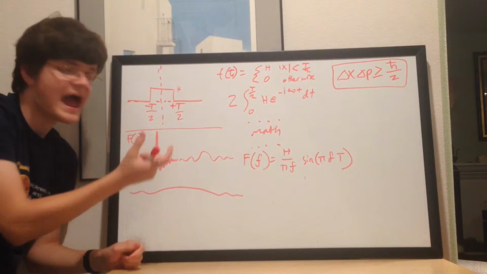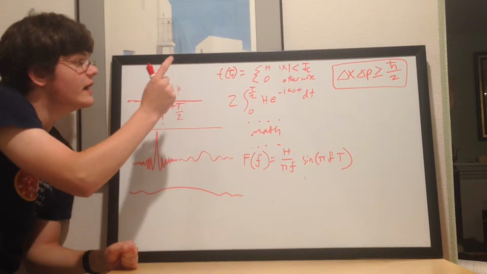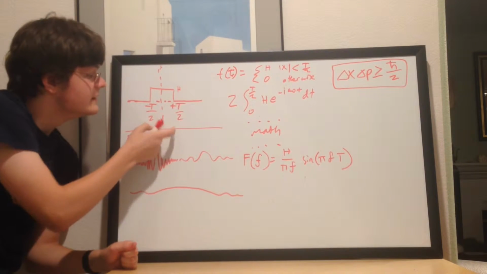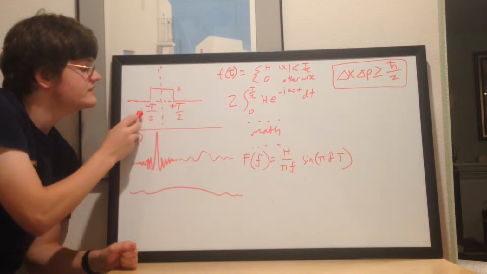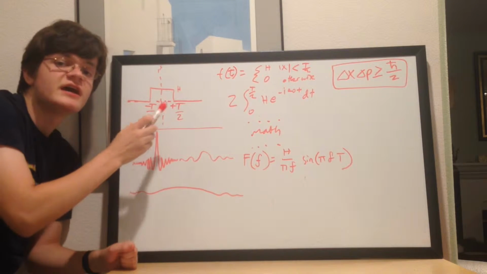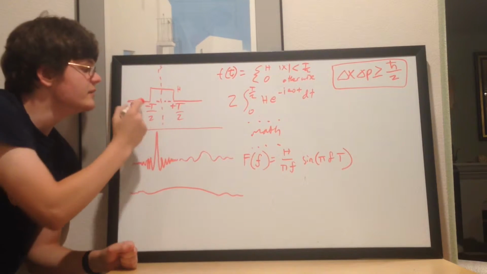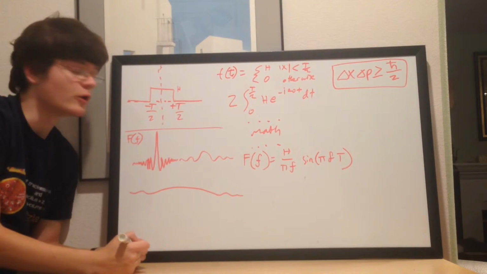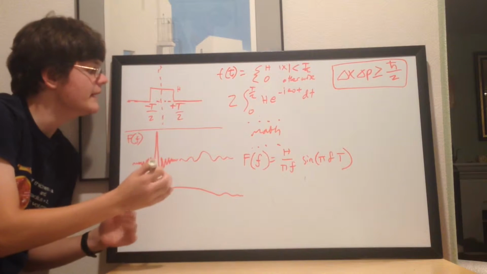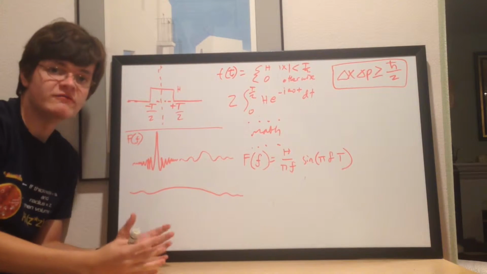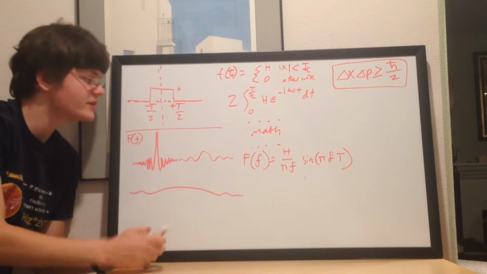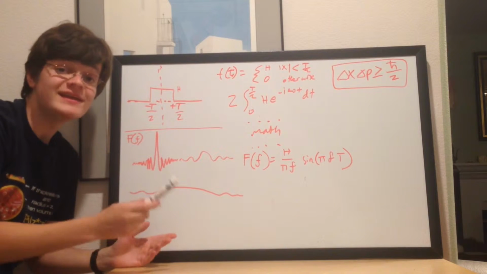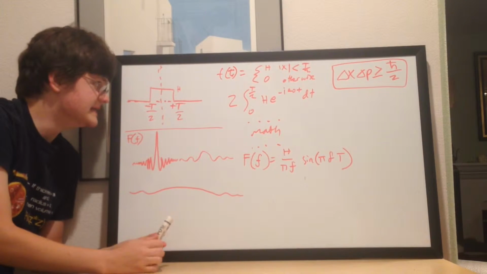So essentially we have an uncertainty in position of t, because this is positive t over 2, this is negative t over 2, and we can only find it in between there, because everywhere else we have defined to be 0. We would never have this waveform because it doesn't happen like this, but if we did, our uncertainty would be t.